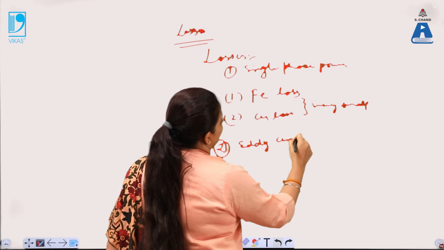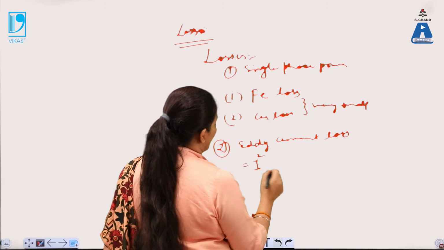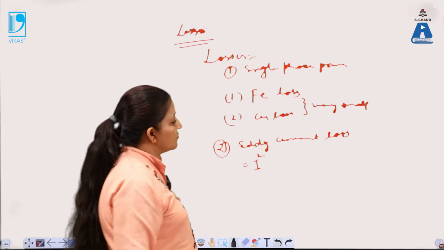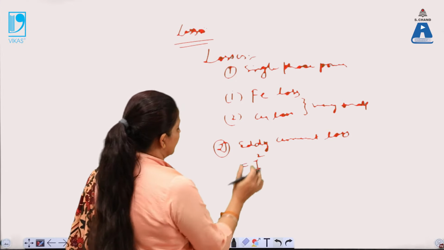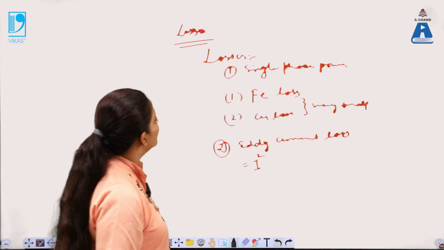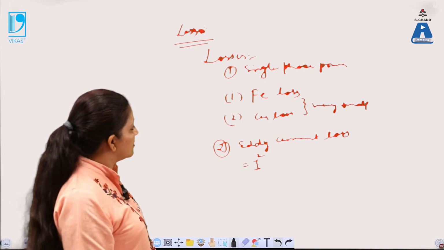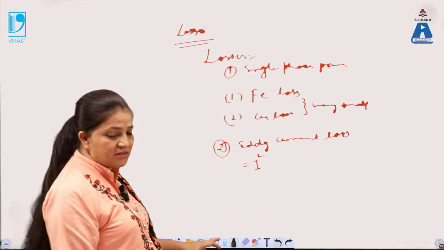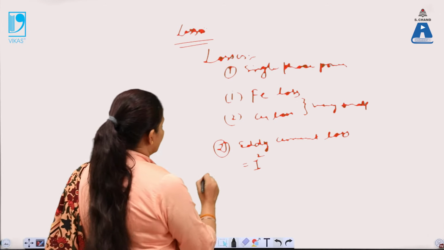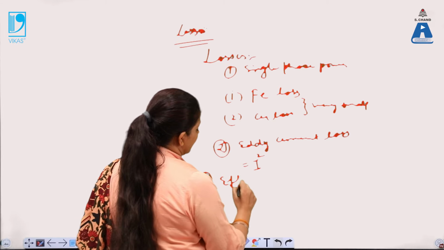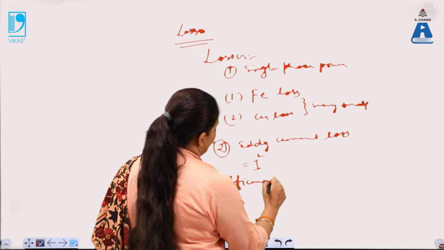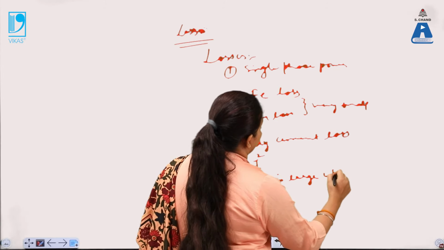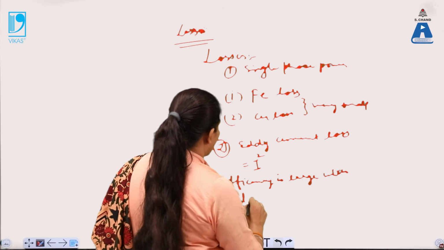Second is the eddy current loss, that is proportional to I square over here. But eddy current losses are present with some permissible amount in this case. So these are the losses in the single phase power supply, and the efficiency of the single phase power supply is very large. And third, its efficiency is large with longer lifetime.